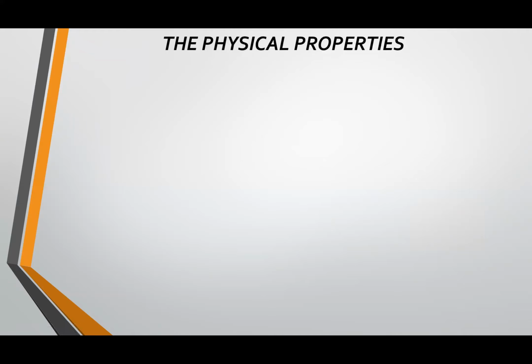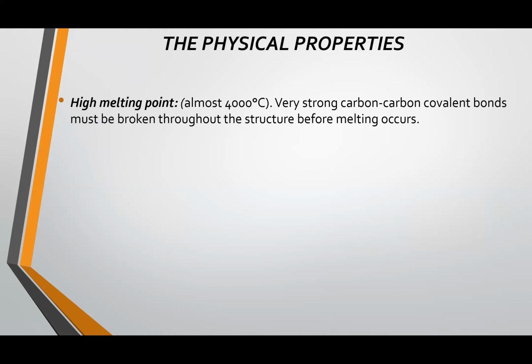Now, what are the physical properties of diamond? Diamond has a very high melting point. To melt the substance, you have to weaken the attraction forces holding the particles together. Because here we have so many strong carbon-to-carbon covalent bonds, it requires a big deal of energy to weaken those bonds and melt the substance.